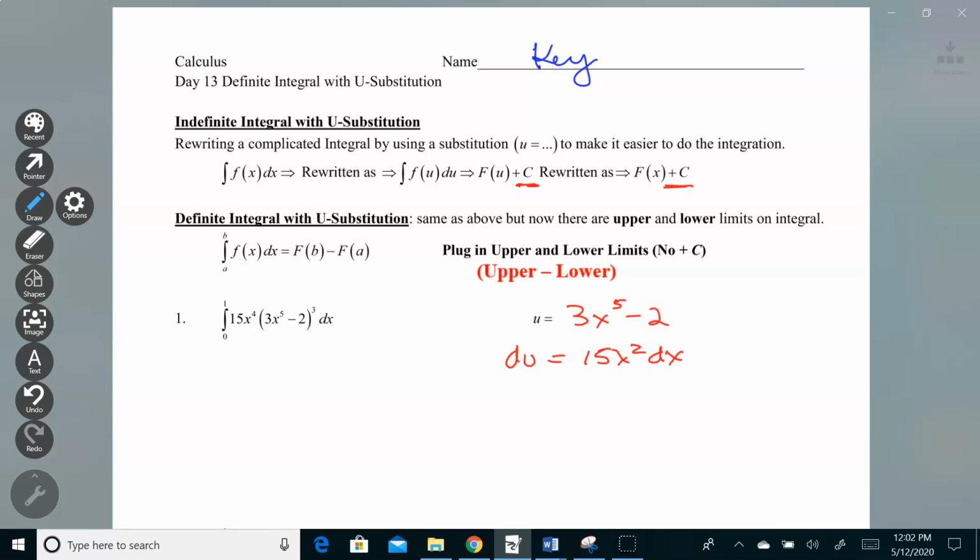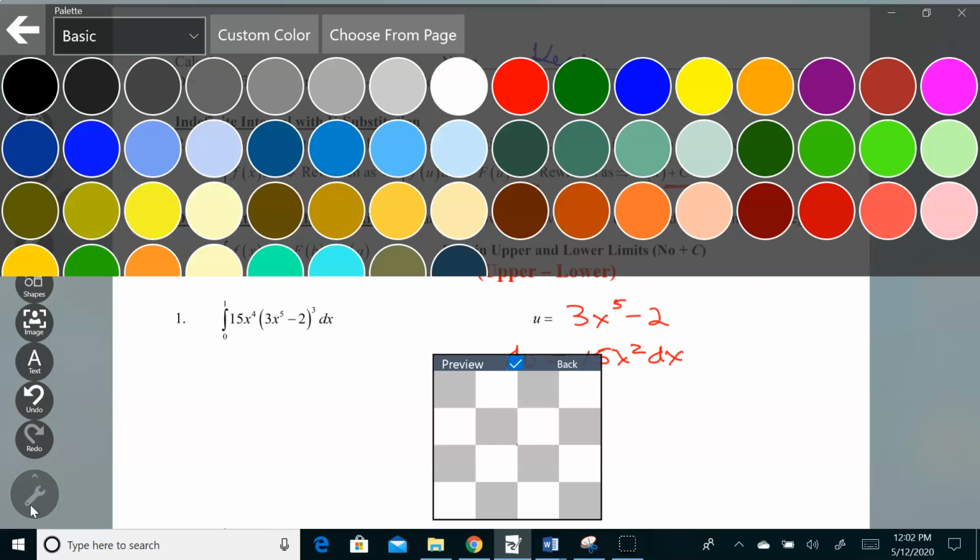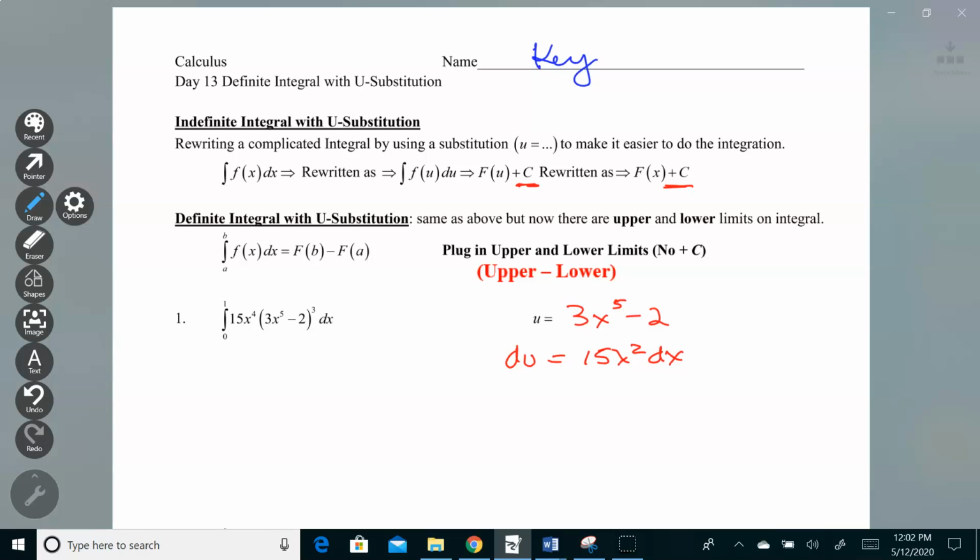And I'm like, oh, well, that's really nice because now I can rewrite this integral, still from 0 through 1, with the 15x to the fourth dx becoming the du and the rest becoming u cubed du. Okay, we just have to roll with my mistakes. I did fix it, and now I have the integral from 0 to 1 of u cubed du.